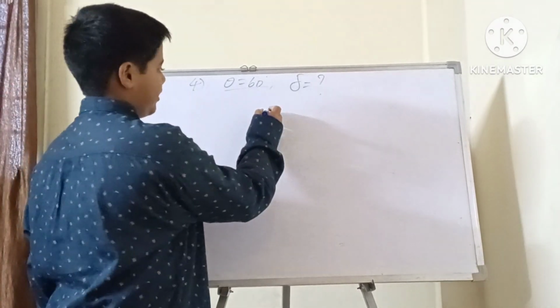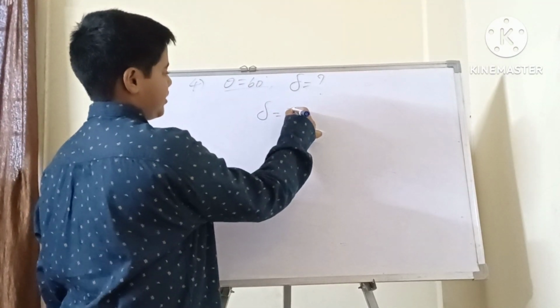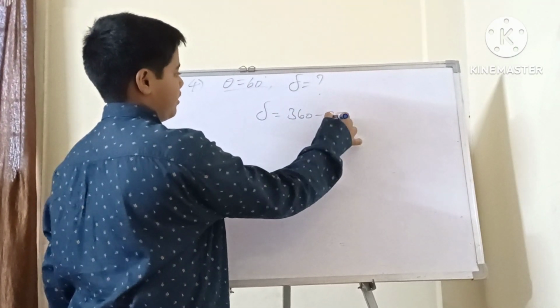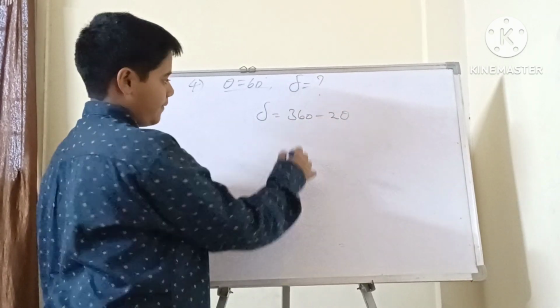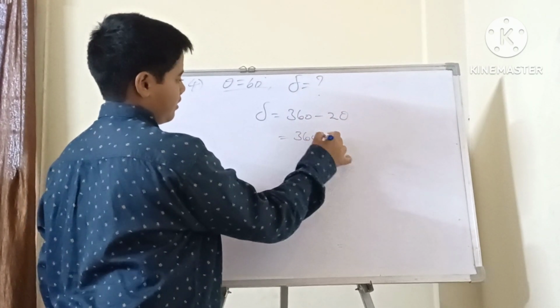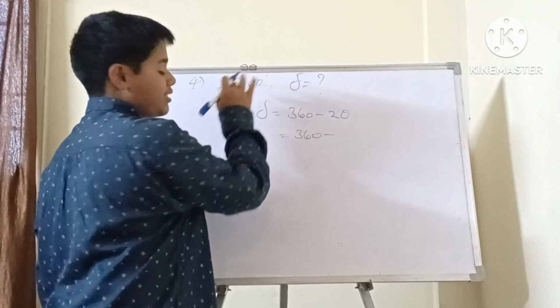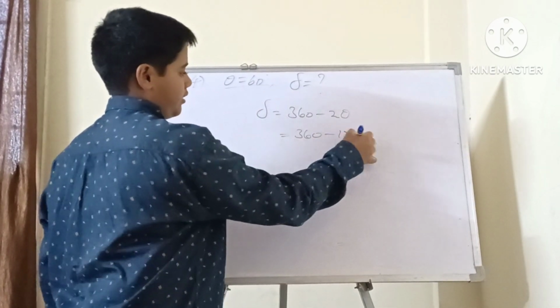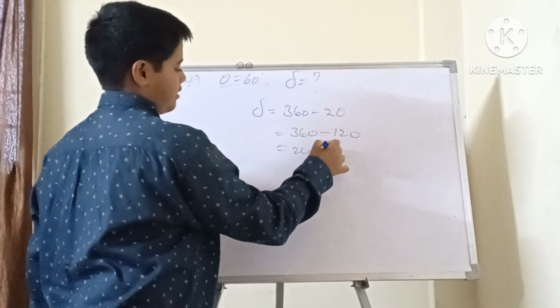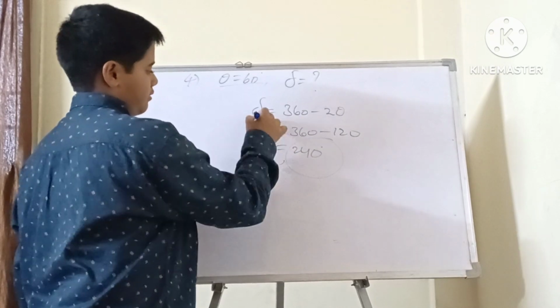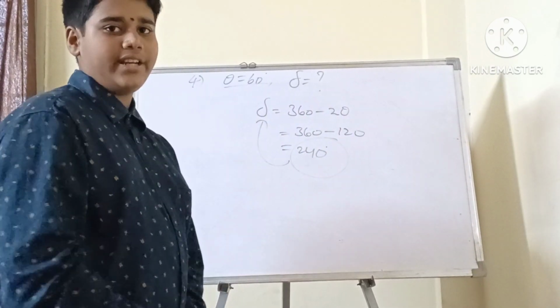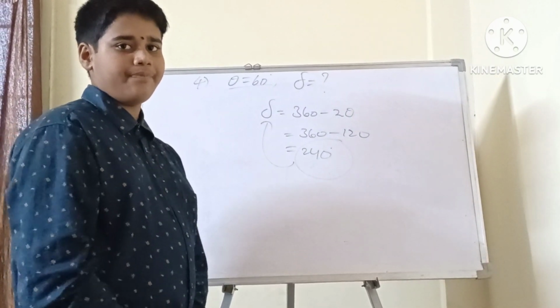The angle of deviation formula is delta is equal to 360 minus 2 theta. So 2 into 60 is 120, and delta is equal to 240. The angle of deviation is 240 degrees.